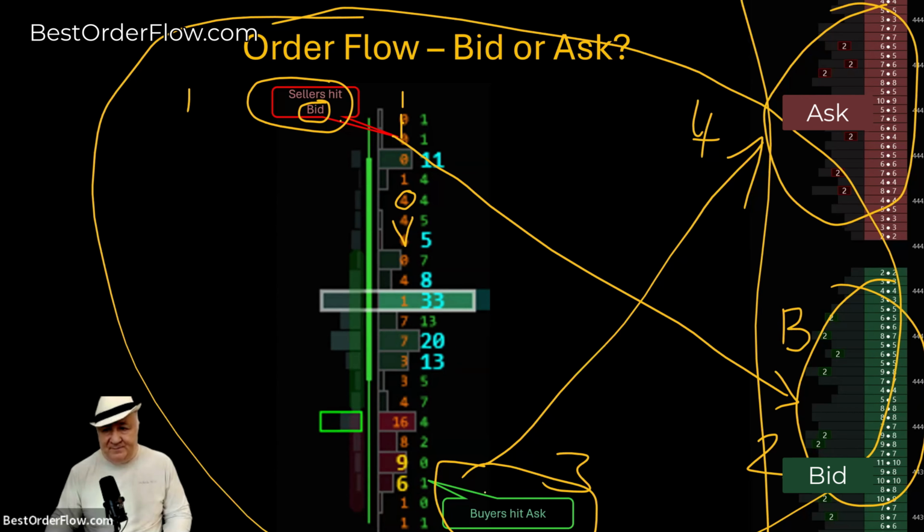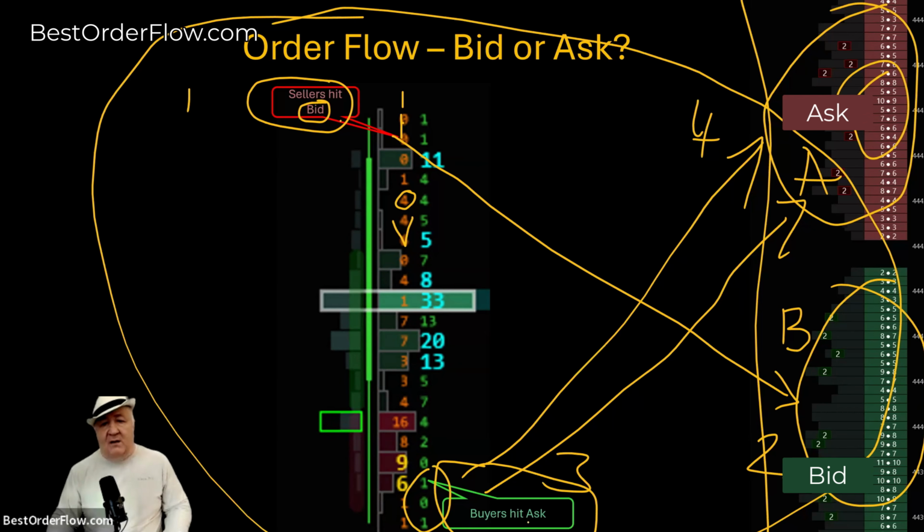And this is the ask, okay? The colors here are red and the colors over here are green. Why? Because these buyers buy and these guys are selling, okay? So that's, in a nutshell, what we were talking about.